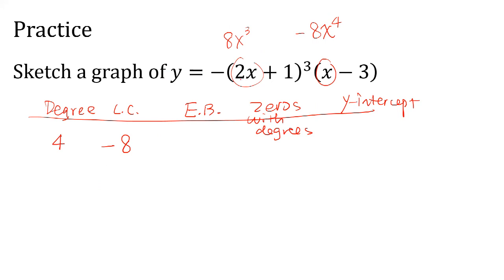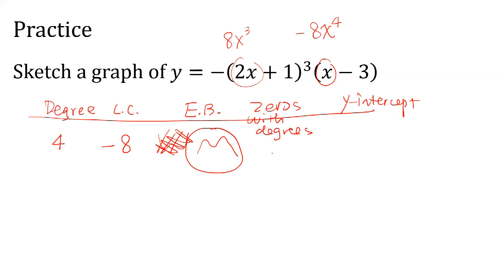So end behavior. All right, if the degree is 4, that means this function is having either this pattern or this pattern, right? For an even number degree. And note that the leading coefficient is negative, so the pattern should look like this, right? Extending from the third to the fourth quadrant. Zeros.